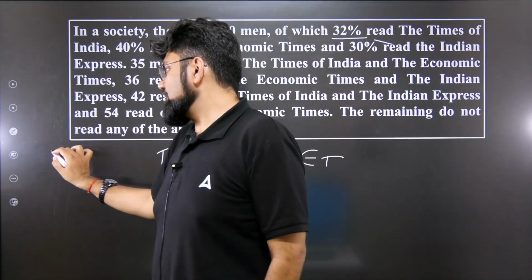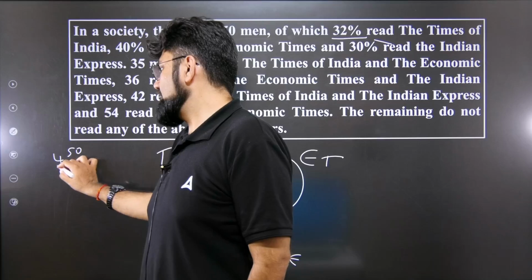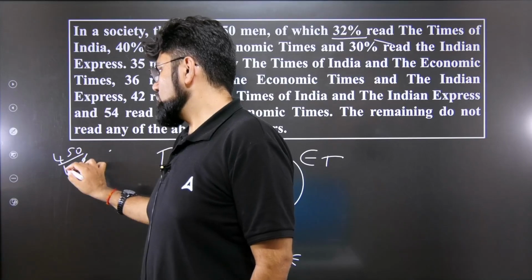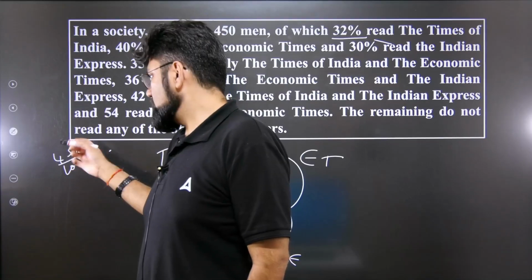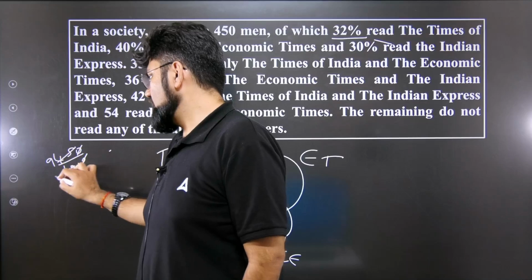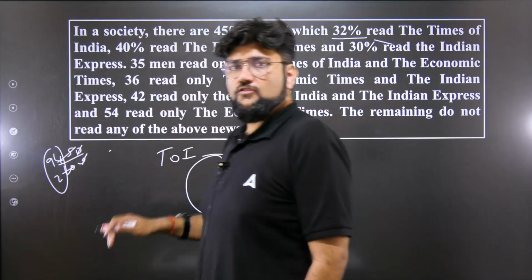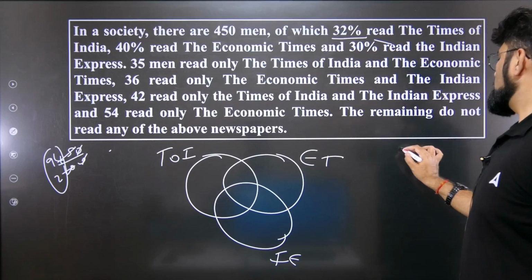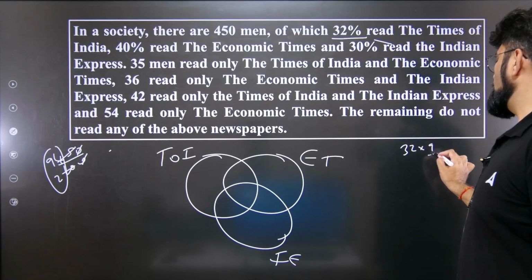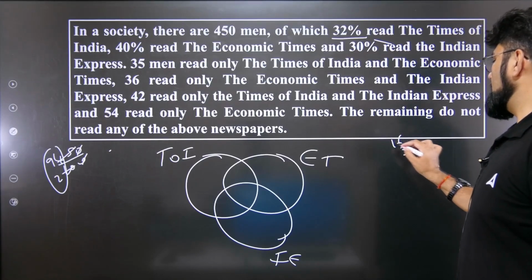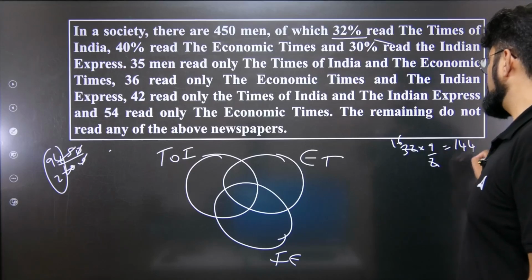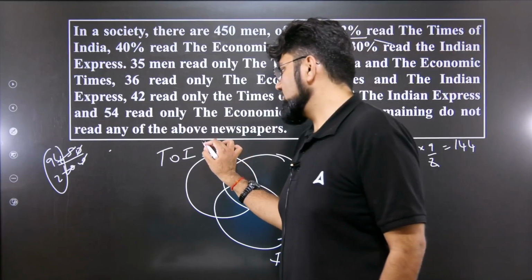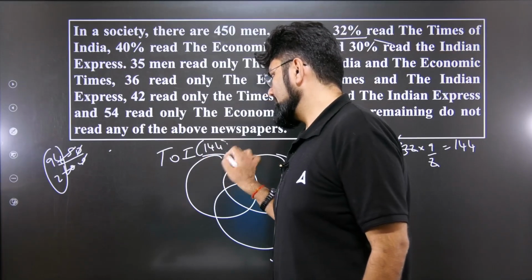Now, what is 450%? 450% is nothing but 450 divided by 100. Don't take the decimals, rather you simply cancel it with 5. So you will get 9 by 2 as a fraction. So you have to multiply 32 with 9 by 2 to get your correct answer. So this is 16, and 16 into 9 will give me 144. So Times of India readers, there are 144 in all.